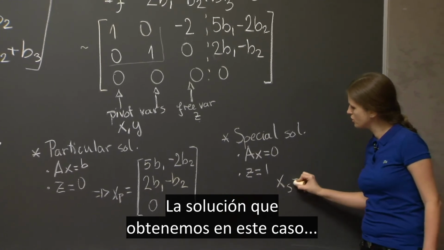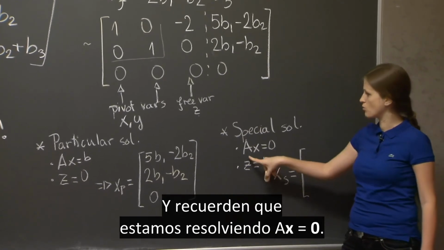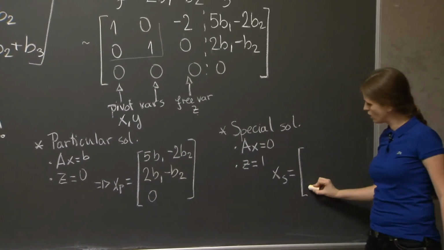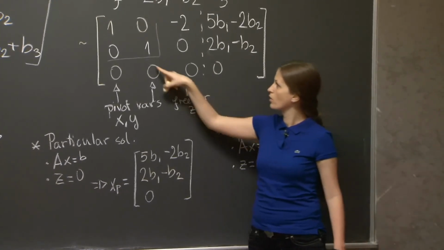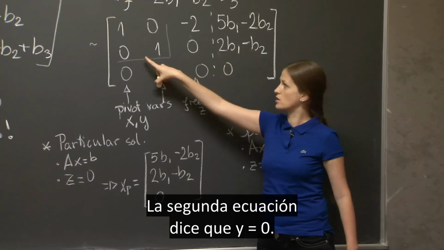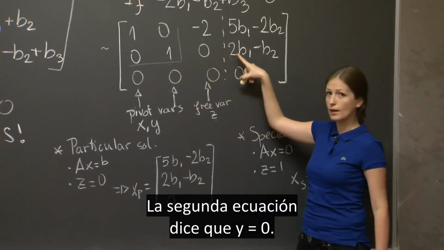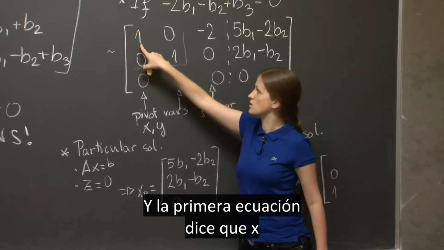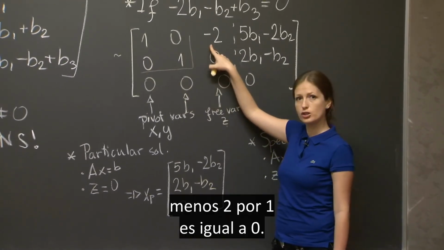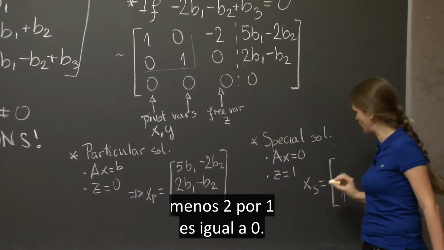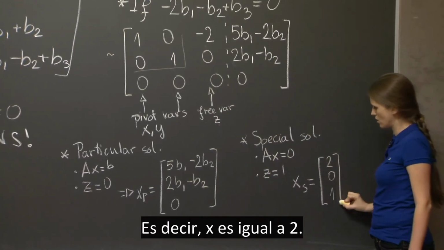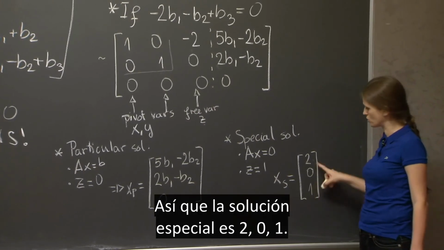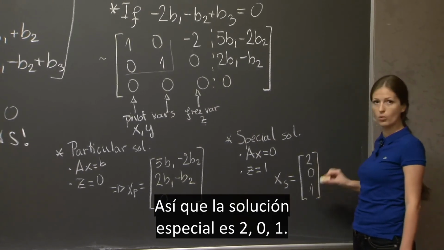Remember we're solving Ax equals 0, so we don't care about the right-hand side anymore. So z is 1. The second equation says y equals 0. And the first equation says x minus 2 times 1 equals 0, in other words, x equals 2. So the special solution is 2, 0, 1.